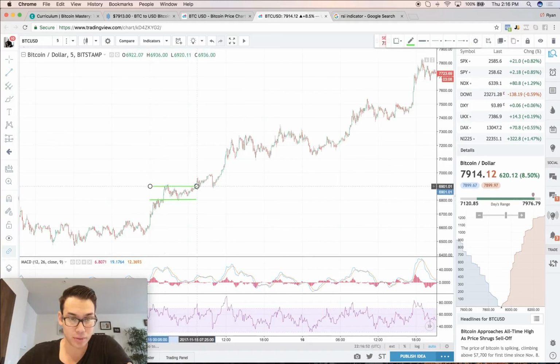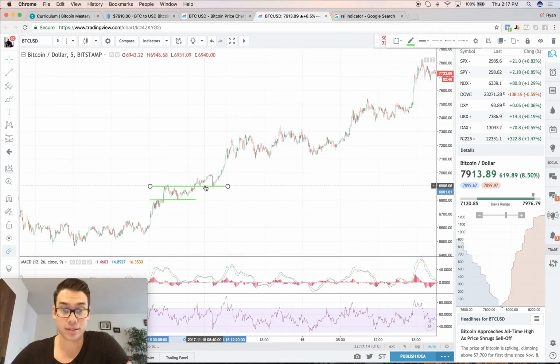We can see there was some trend line support right here at the 6,800 level and a little bit of resistance at this 6,900 level. We can also see some newer support, because when we break through a resistance line like this, right, this resistance now becomes support. So let's go ahead and draw some more trend lines.